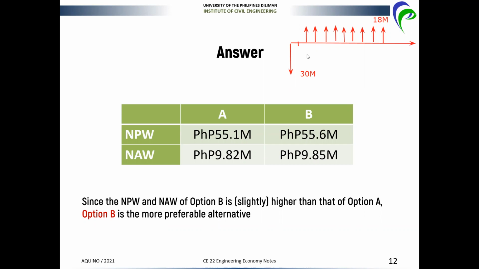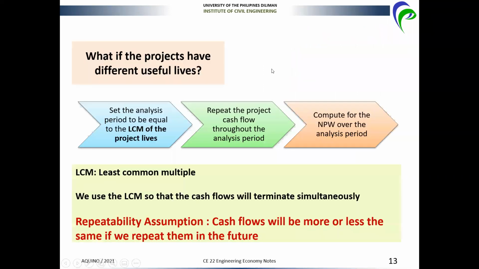Ang pinagkaiba lang naman nila, the annuity starts at year 1, tapos 10 million, tapos 1 million yung sa simula. Alright? So, yeah. Let me just remove the annotations. And then we'll proceed to the next slide.